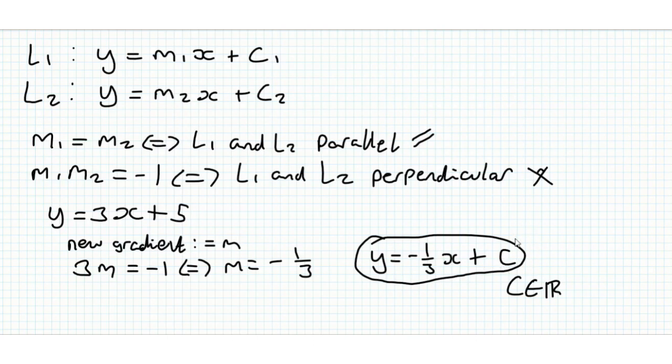Okay, so if we're just looking for a set of lines which are parallel or perpendicular to another line, we're just going to have a general c, but if you're given a coordinate, then you can find a particular value of c.